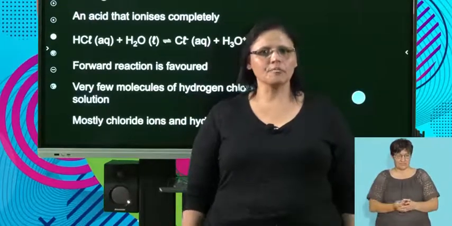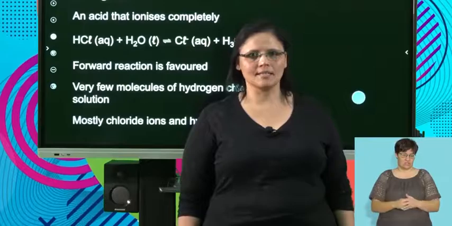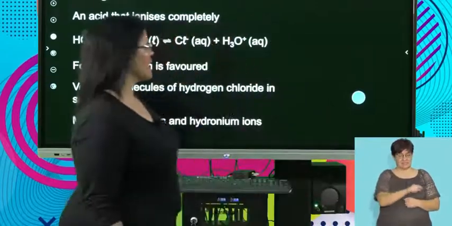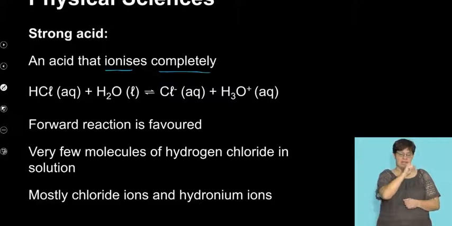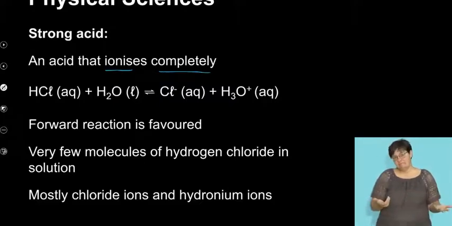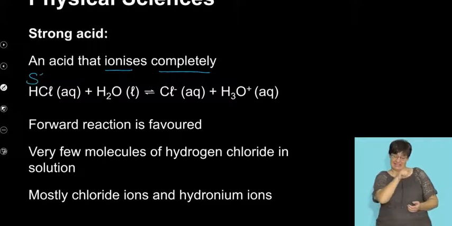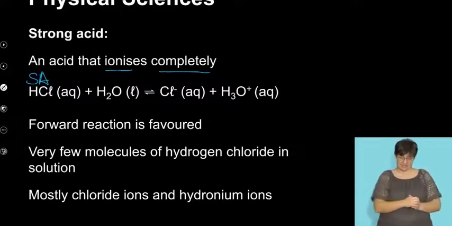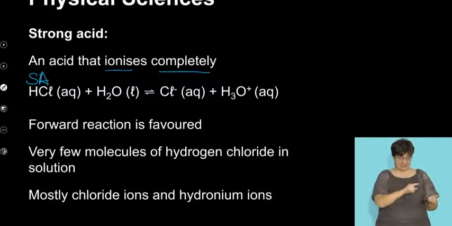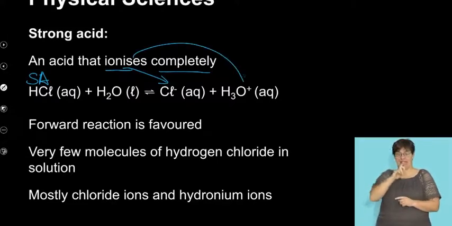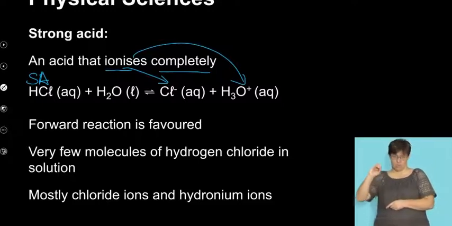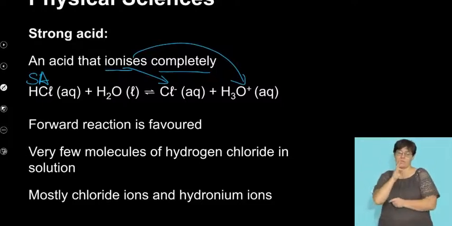Again, we've spoken about this before, strong acid. When we think about a strong acid, we should think about an acid that ionizes completely. To state it differently, if I, for instance, look at hydrochloric acid, which is a strong acid, and I'm just going to use S and A as abbreviation, when it is mixed with water, it will ionize into chloride ions and hydronium ions in the water solution.